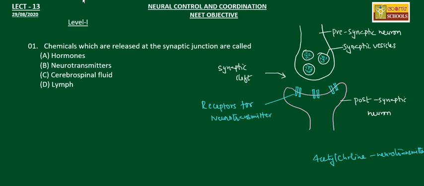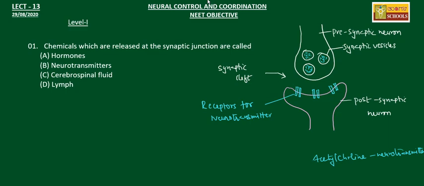In this case, as I have taken acetylcholine, these receptors are for acetylcholine. The presynaptic neuron, postsynaptic neuron, and the synaptic cleft together we call a synapse, or you can also call it a synaptic junction.